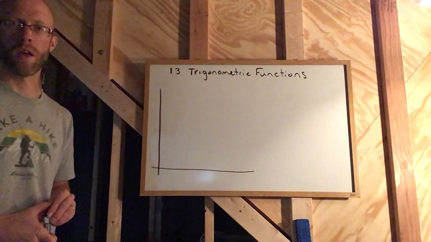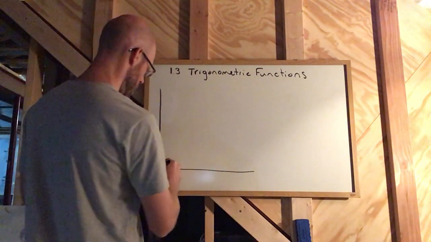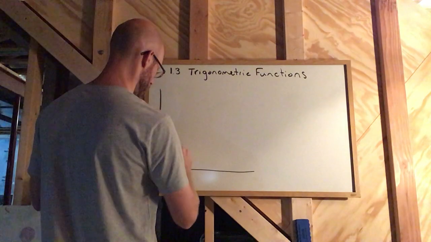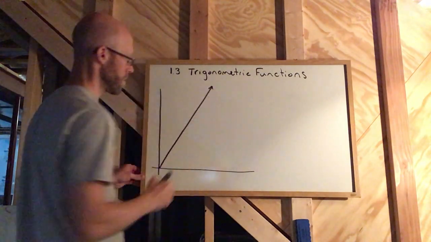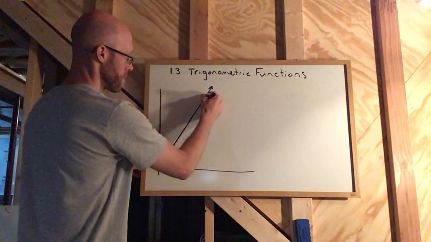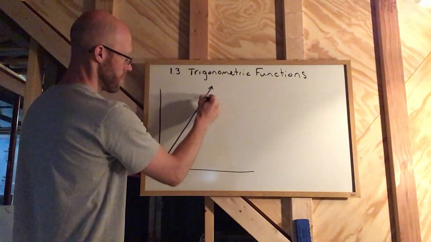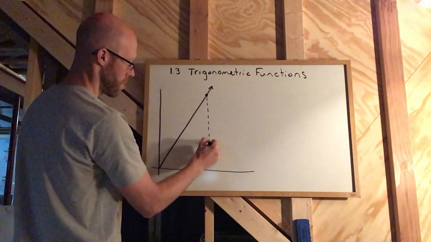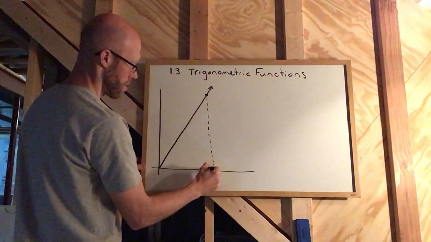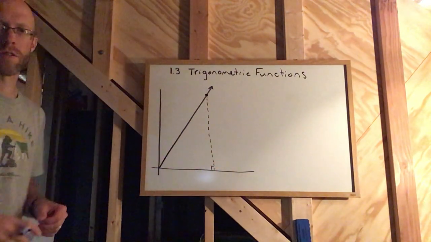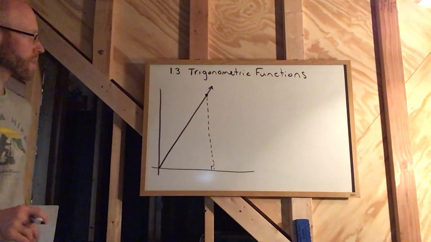Bottom left corner. And we're going to draw a hypotenuse. I'm going to draw one point here. There's my side going down to the x-axis.